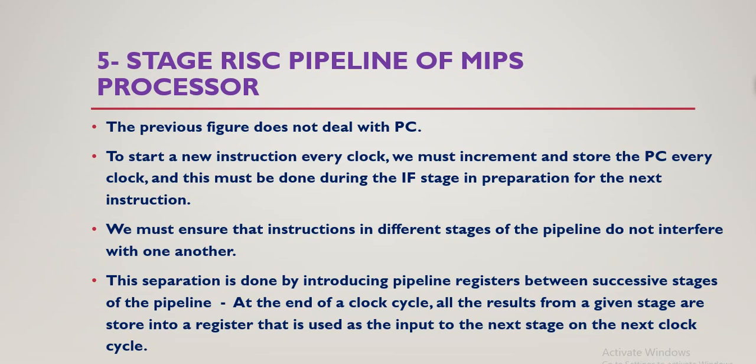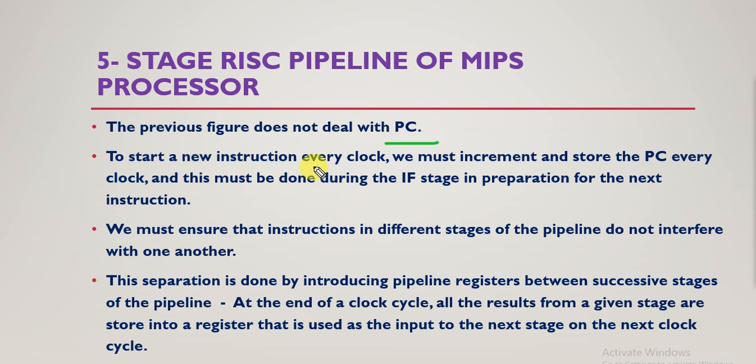Now the previous figure does not include the PC concept, that is the program counter. The program counter is the major element that decides which instruction is to be executed next. During the instruction fetch phase itself, the PC value must be modified, because one instruction is being fetched, so the PC is incremented by 4 to get the address of the next instruction.